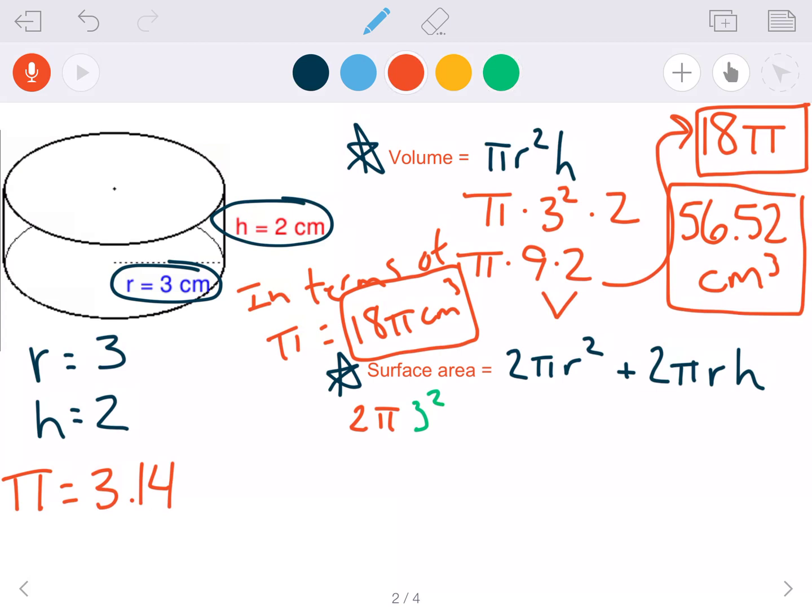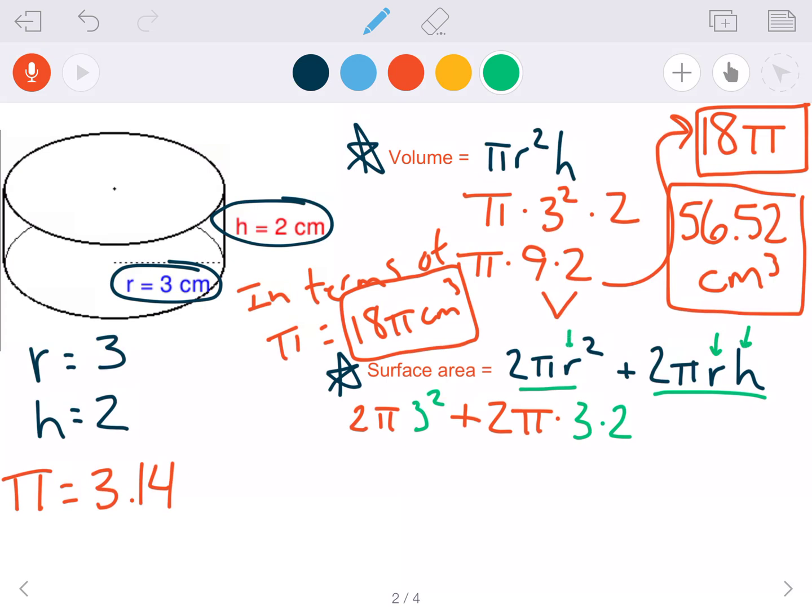And then we've got plus 2 pi times my radius, which was 3, times my height, which is 2. So that was just going through and taking each of these and substituting in for each of those variables.